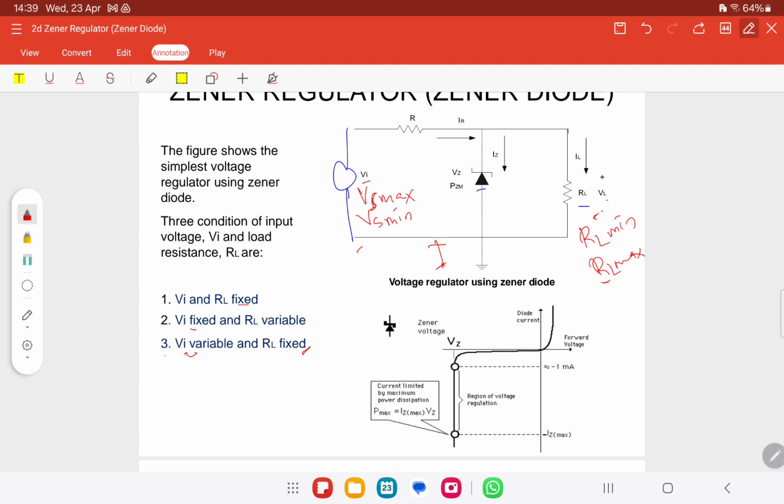And for the R and V, we have current, and the other parameters that we might relate in the circuit. If one has min and max, the current can also have min and max, depending on the relationship.